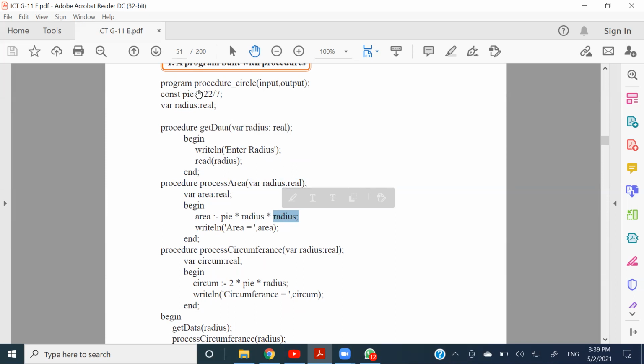And pi value is here. Radius value is the thing that we collect from here. So we got both the things.